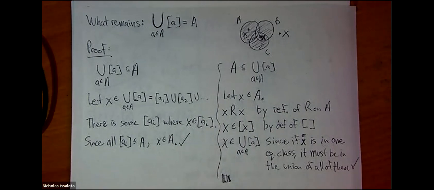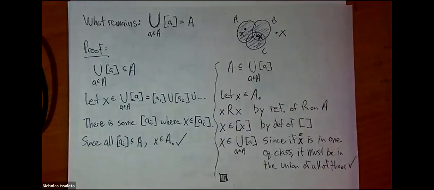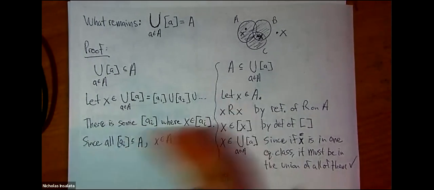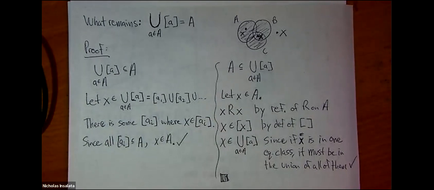So hopefully at this point you should definitely understand each separate piece of notation and what it means. Now, putting it all together in a proof, that's another story, okay? But at minimum, you should understand each separate piece of notation and what it means, and you should take that knowledge and try to put it together to understand what the proofs are doing. If you are struggling with that, which I would assume many of you probably are, because this is very tricky, go back and watch the video again, and then check out the proofs in your book and see if you can work through it that way.